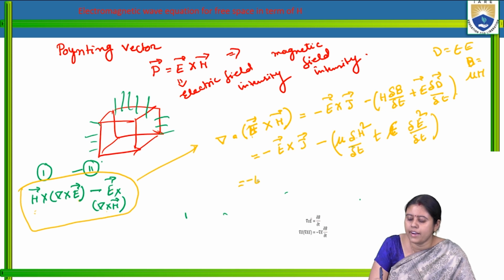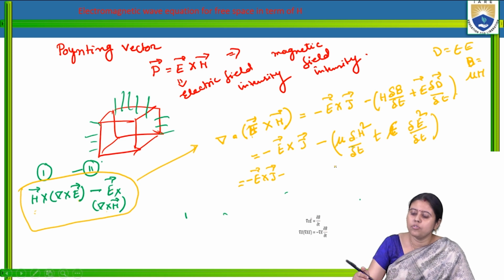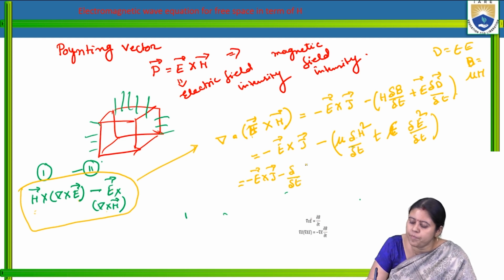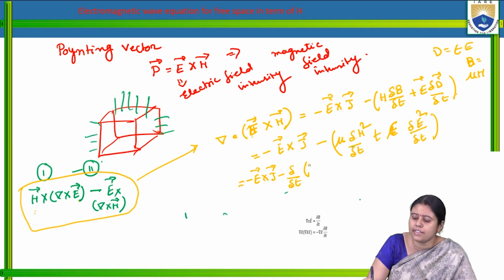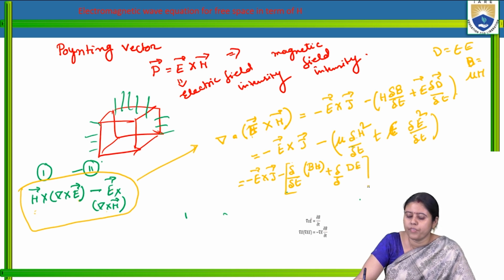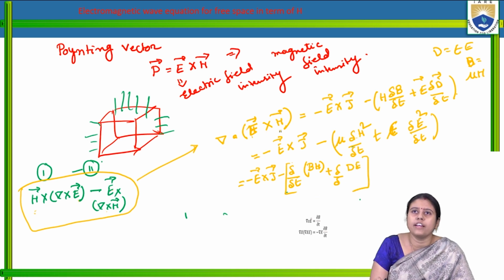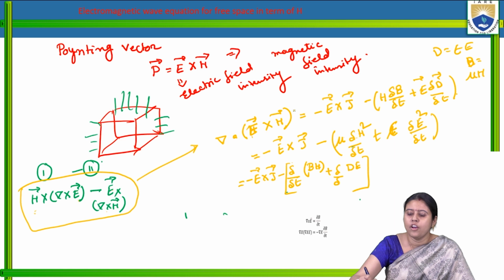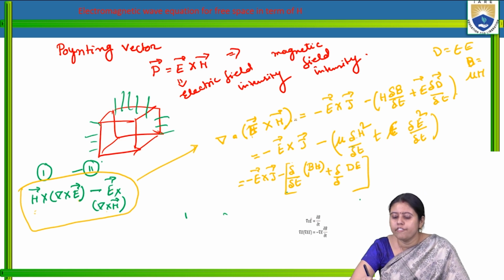Again we can write it as minus E cross J minus mu into H square. In place of mu into H square, we can take the mu inside and write del by del T. Mu into H is nothing but the B, so B H, plus del by del T, again epsilon inside means D into E. So we got grad dot E cross H. If we want to take the integration on both sides, we multiply by dV.